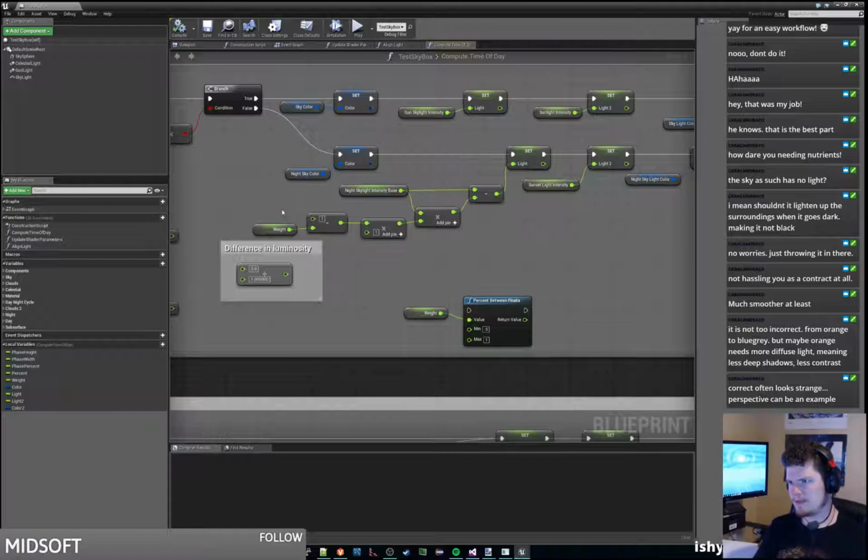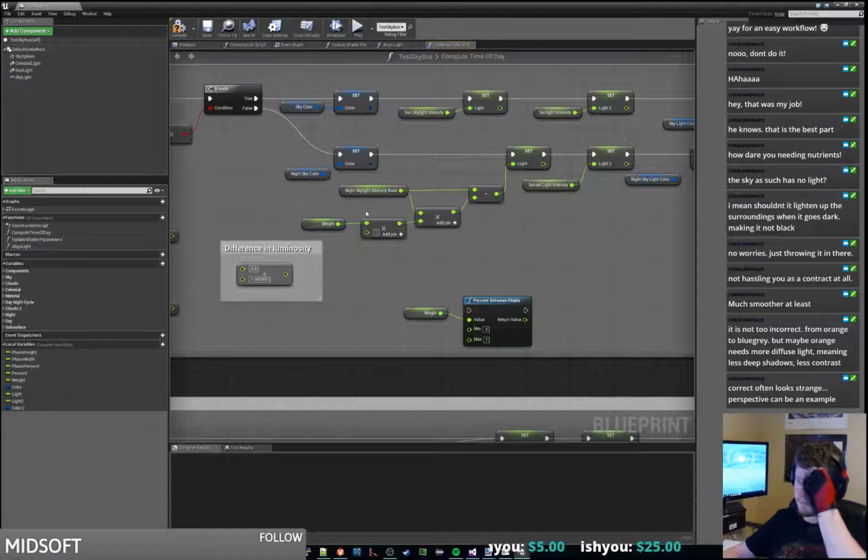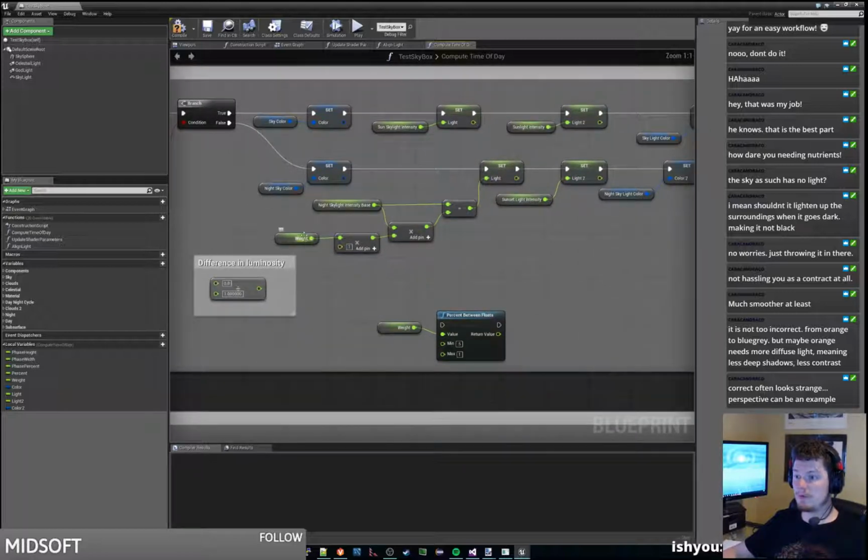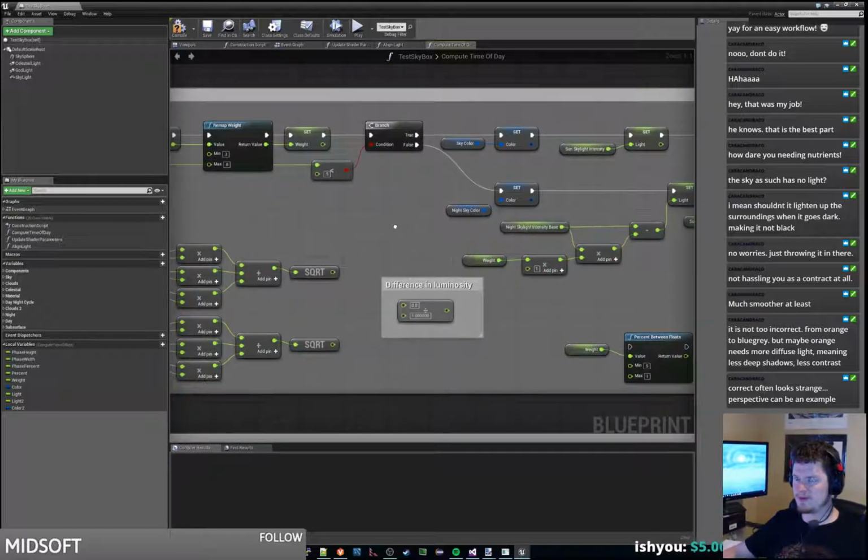Is it weight multiplied by this value because it's supposed to depress itself to start with? So it's actually not 1.0f minus weight, it's just weight. This is going to go from 1 to 0 because our weight is different. It's going to start at 1 and go to 0, right?